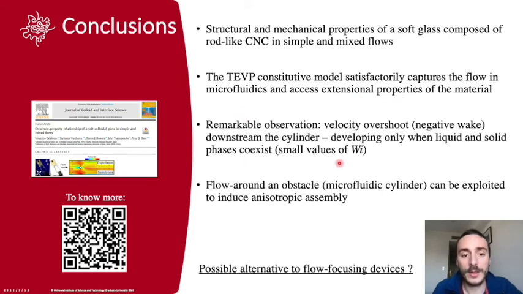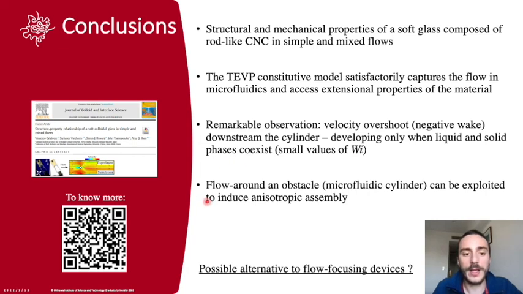We also made a remarkable observation of the velocity overshoot at the rear pole of the cylinder, which is called the negative wake, and this developed only when the liquid and the solid phases coexist, meaning at very low Weissenberg number. However, at a very high Weissenberg number, the material behaved more Newtonian-like, and the negative wake disappeared.